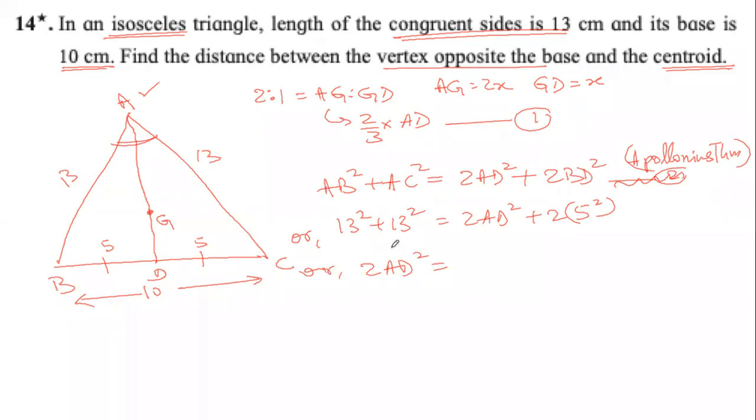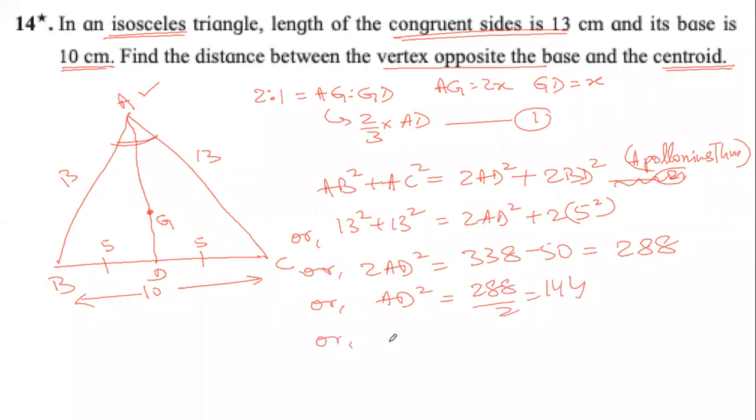When we add them, it is 338. 5 square is 25, 25 into 2 is 50, minus 50. When we subtract, we get 288. So our AD square will be equal to 288 by 2 equals 144, or we can say AD equals square root of 144 equals 12.